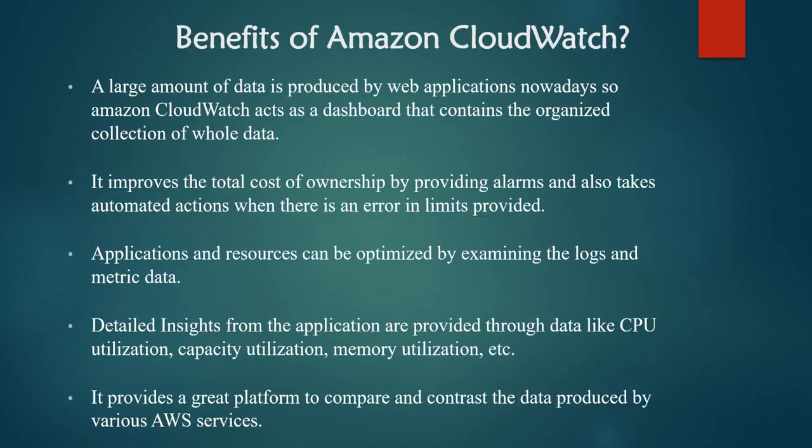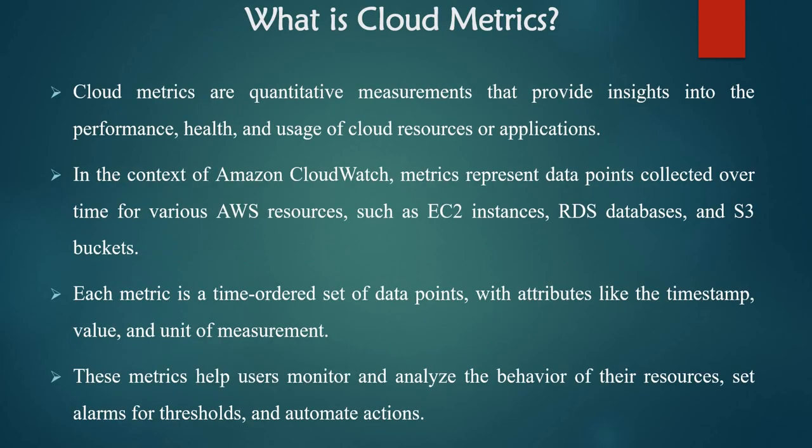Then let's move to CloudWatch metrics. In Amazon CloudWatch, we use metrics. First we will learn what cloud metrics are. Cloud metrics are quantitative measurements that provide insights into the performance, health, and usage of cloud resources or applications.